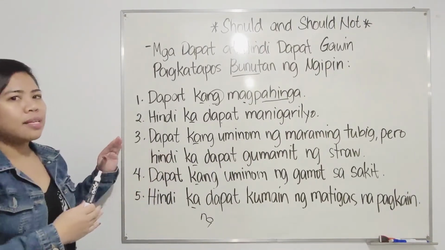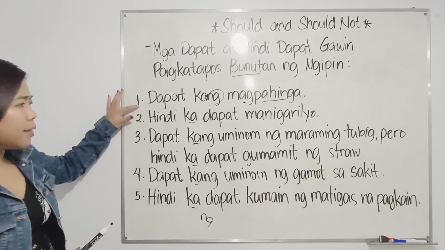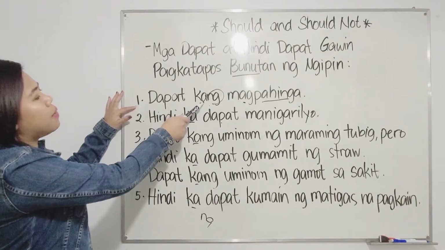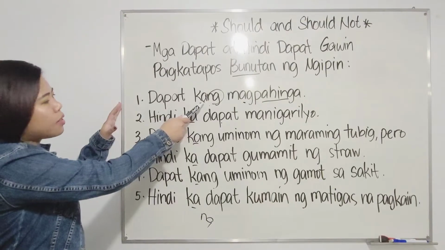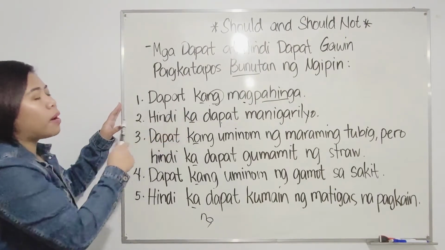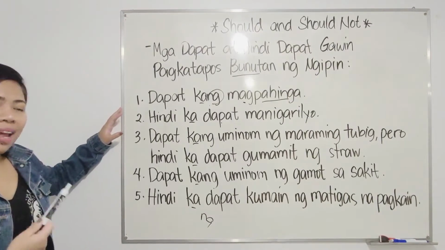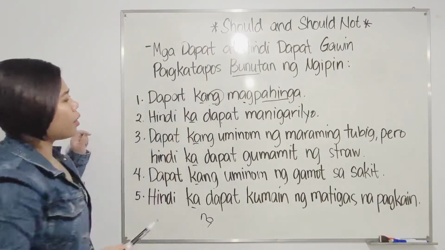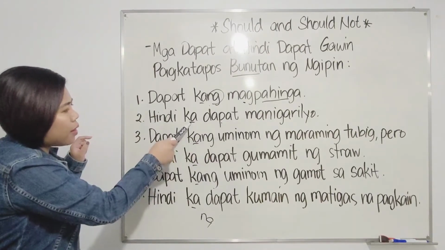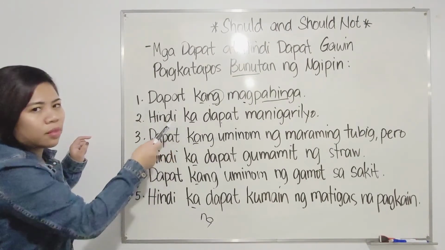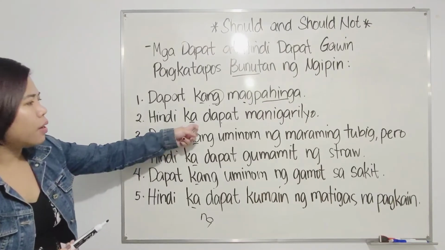So the pattern is, if your statement is positive, dapat, then you immediately put the subject, the pronoun as your subject. So you put it immediately here. But if the statement is negative, which means you use should not, then you need to separate hindi and dapat, and then you insert the pronoun here as your subject.